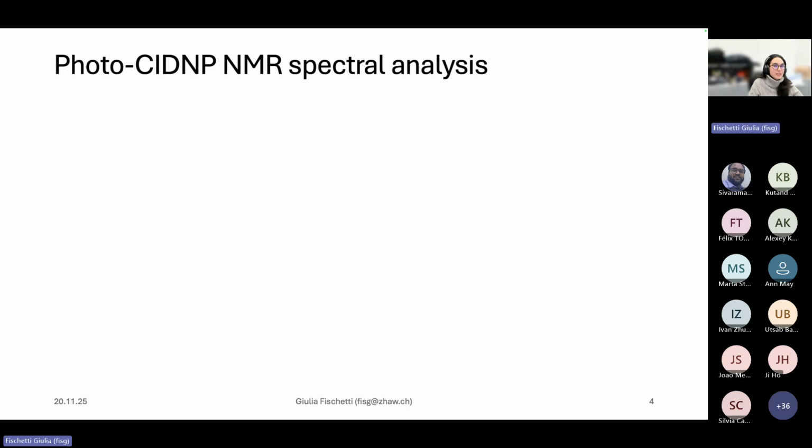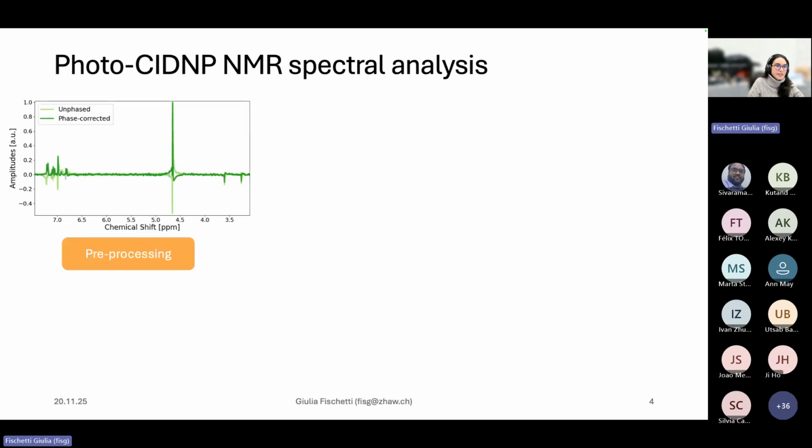What are the steps of the analysis of a Photo-CIDNP NMR spectrum? Firstly, of course, a bit of preprocessing is needed, because this kind of spectra can be challenging, especially for what concerns the phasing.